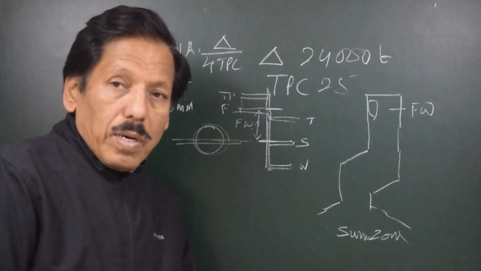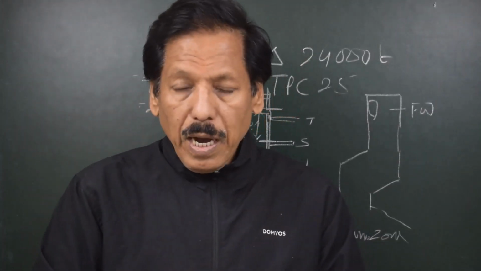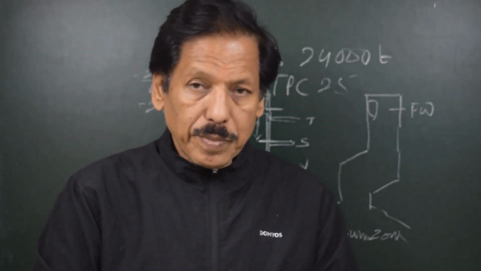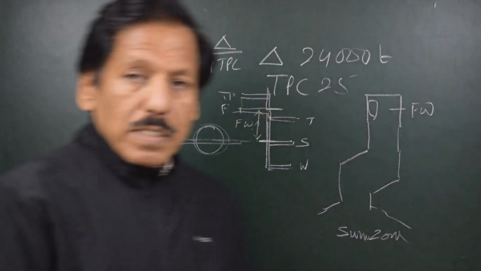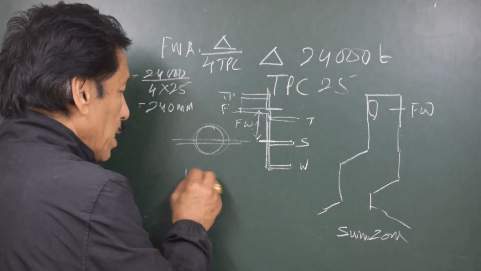But now if I want to load the vessel in freshwater, I need to apply freshwater TPC, because normally the TPC that is given for the ship is saltwater TPC. So how to find out the freshwater TPC?